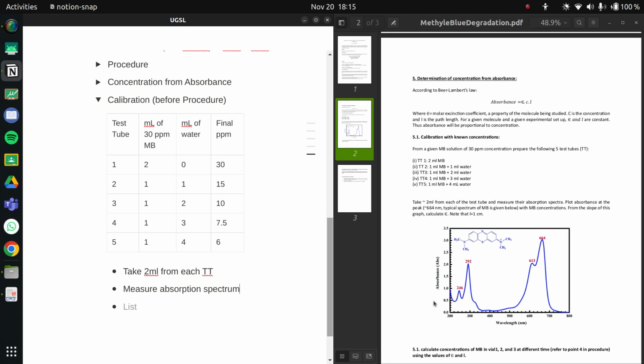Okay, so this is just the absorbance versus concentration graph, right? Sorry, versus wavelength graph. Right, take the peak. So it's like around 664 nanometer.